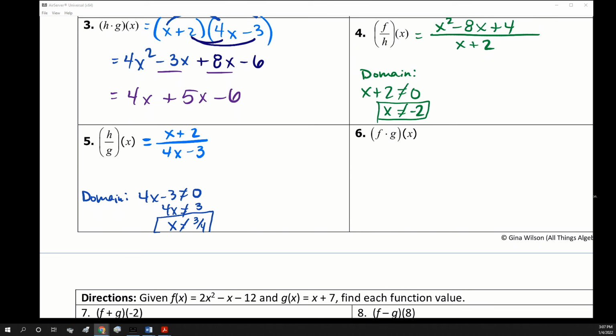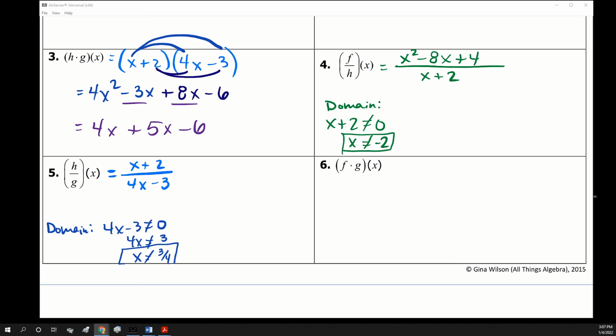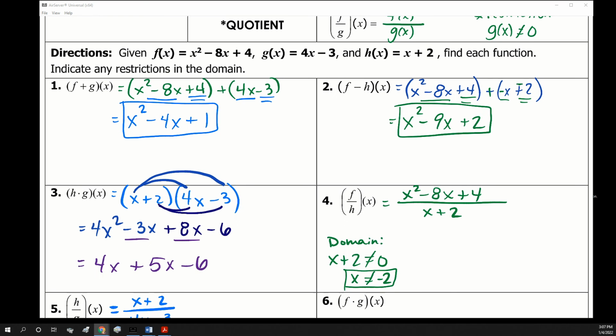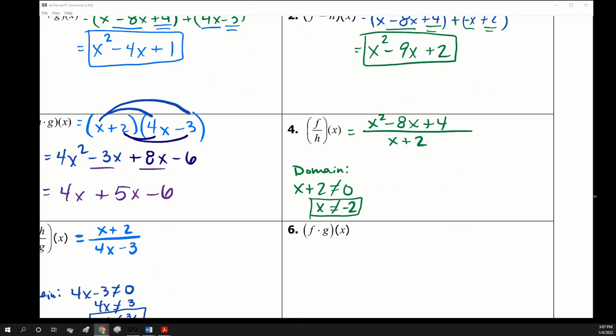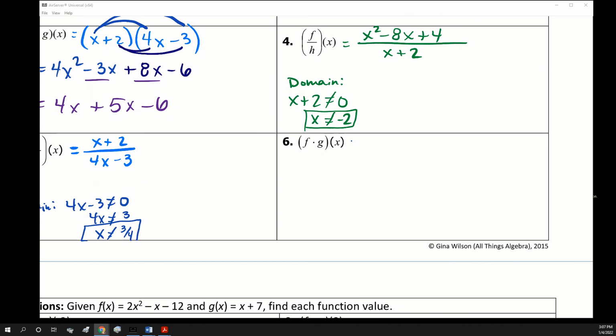All right. So on 6, they want us to take f and multiply it by g. So let's write that down. F is x squared minus 8x plus 4, and g is 4x minus 3.